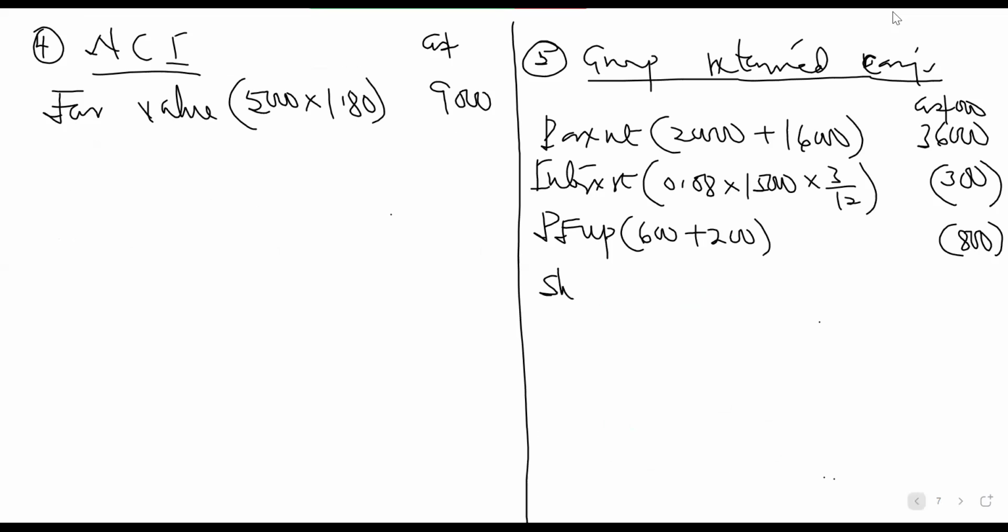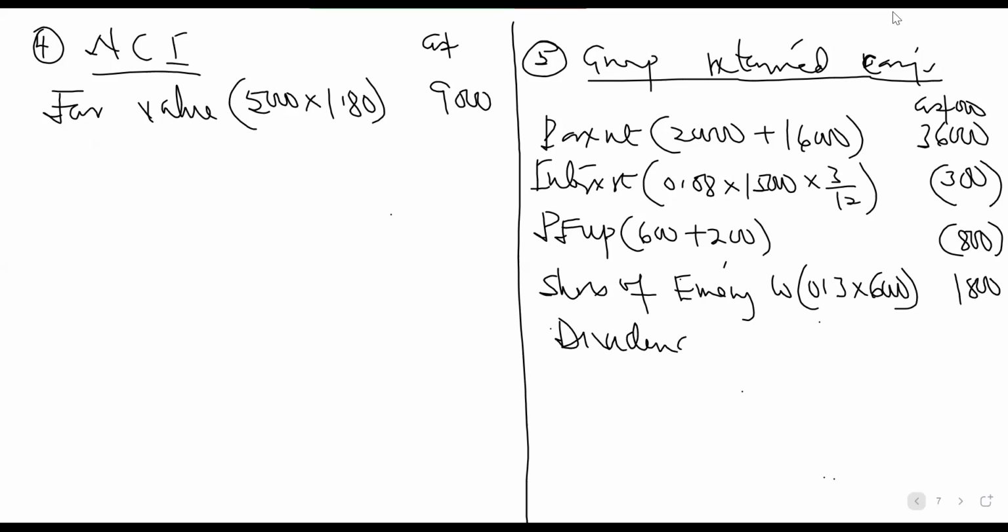So we have the share of the profits of the associate, which will be 0.3 multiplied by 6,000. What are we having? We are having 1,800. Then you come to dividends. They say the dividend has been debited.